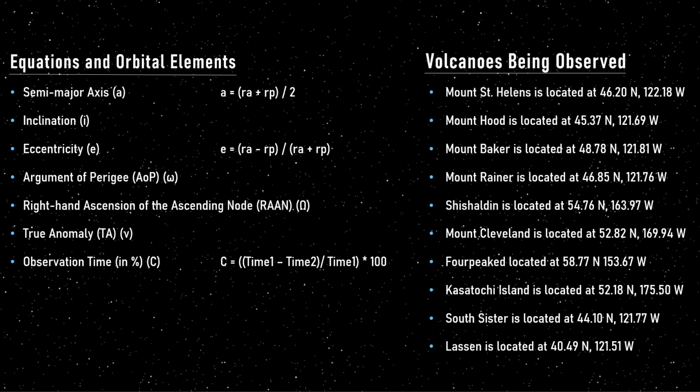Also listed are some useful equations which were calculated by hand in order to find certain required data throughout the lab. We will be taking into consideration the semi-major axis, inclination, eccentricity, and argument of perigee, while leaving right ascension of the ascending node, or RAAN, and true anomaly alone for future lab research.